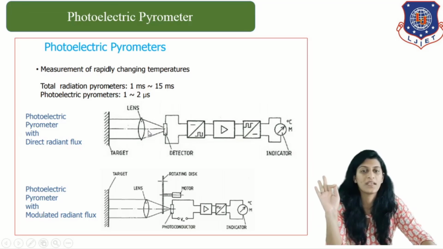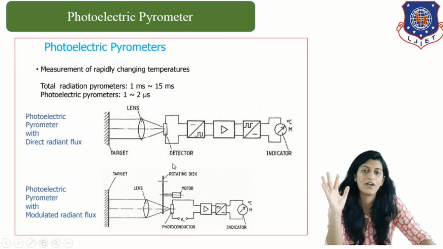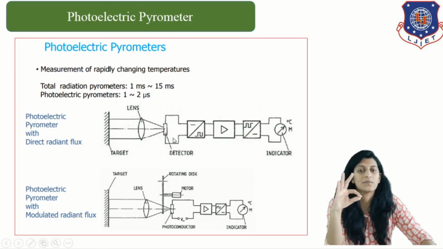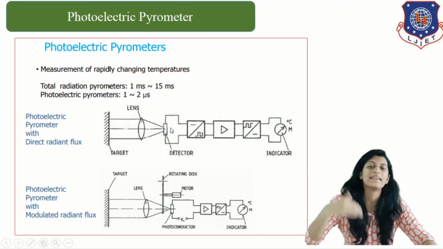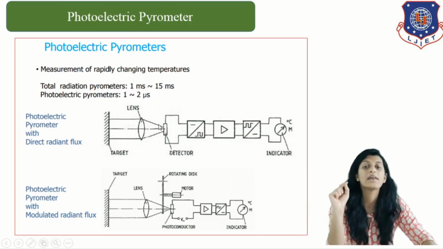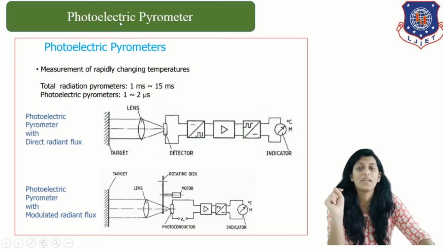The lens will converge all the coming radiation from our target to the detector. The detector will use that energy, and once it is absorbing that energy, it will get excited to another level and generate electricity. That's why the name is photoelectric.